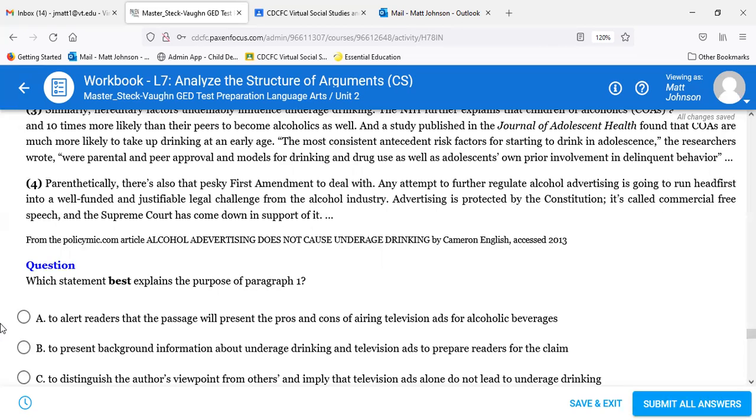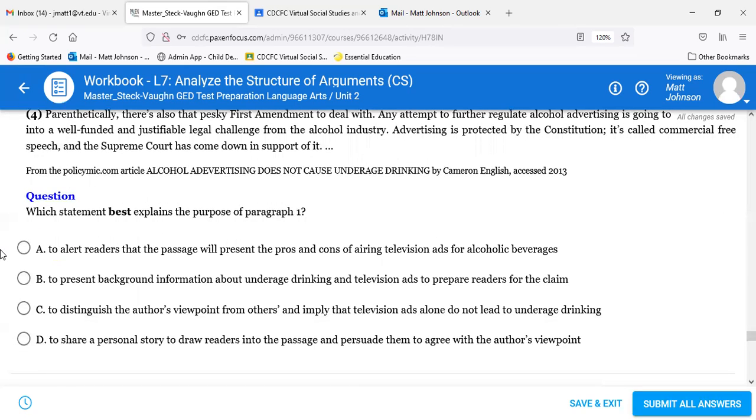So for number 10, Christiana, would you like to read number 10 for us? Number 10, which statement best explains the purpose of paragraph 1? A, to alert readers that the passage will present the pros and cons of airing television ads for alcoholic beverages.